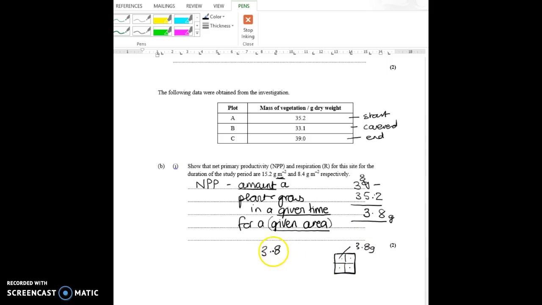So I need to do 3.8 times 4, which gives 15.2. Sorry, 4 times 8 is 32, and then 3 4s are 12, 15.2. So 15.2 grams, because we saw the amount it grew per meter squared. And because it's per, we've missed out that per, that's why that negative is in there.